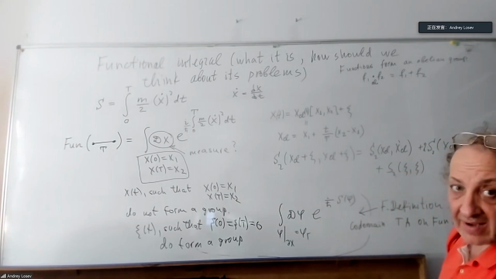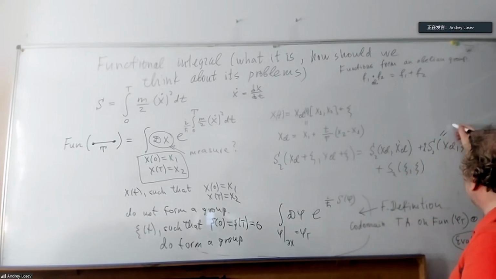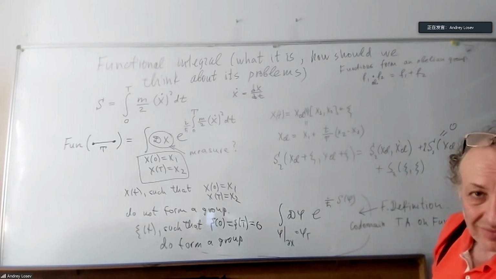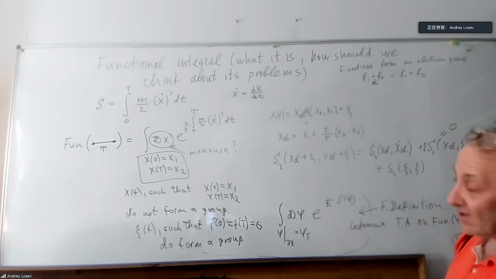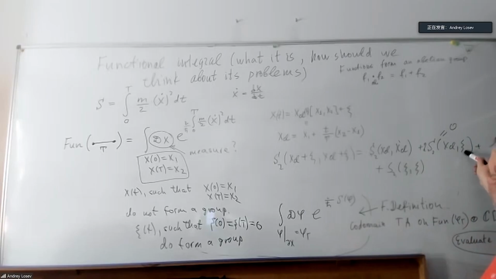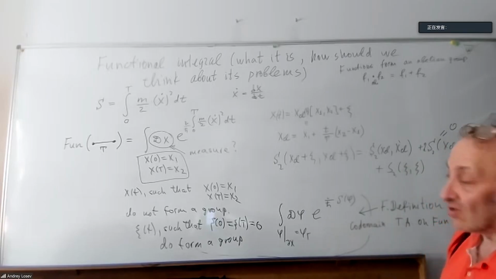Now, I say that the middle term equals 0, because x classical is a critical point of the action. That's why it has no term linear in psi. Great.